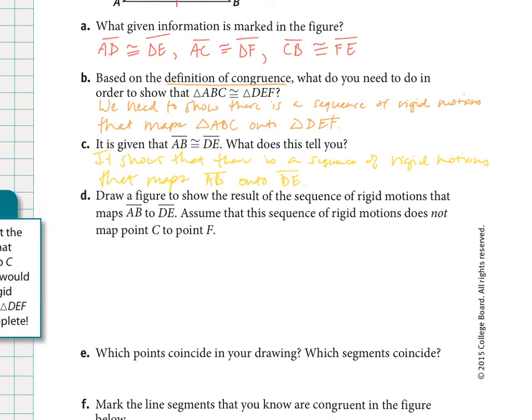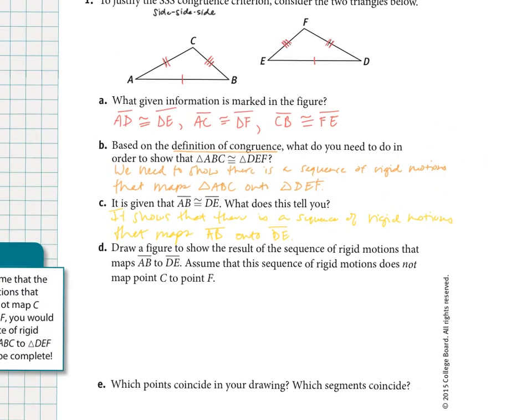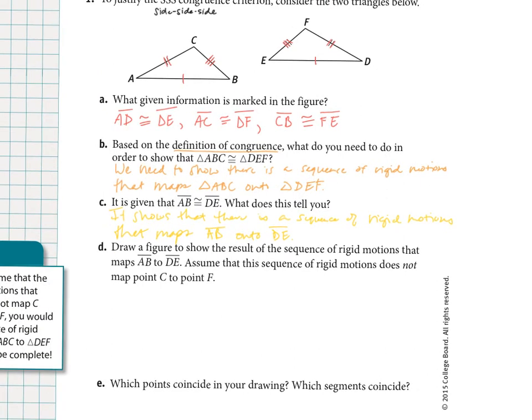It says draw a figure to show the result of the sequence of rigid motions that maps AB to DE. It says assume that the sequence of rigid motions does not map point C to point F. So looking up at our picture above, we can't just put our exact same figures on top of each other, right?